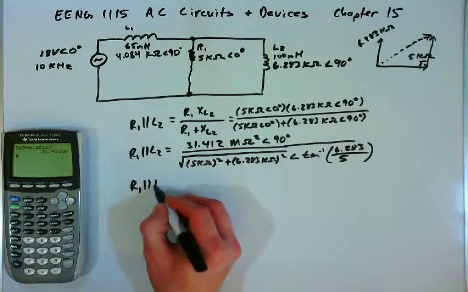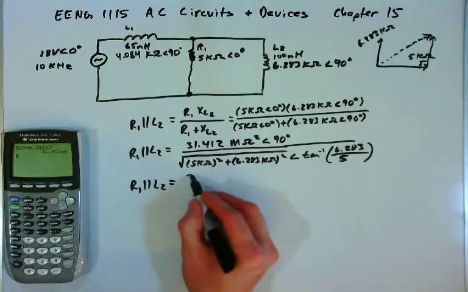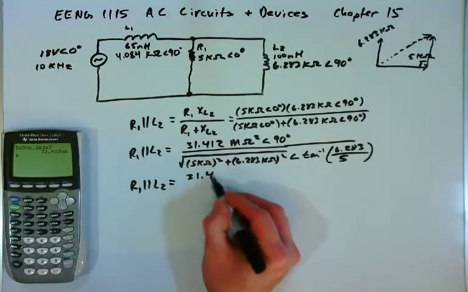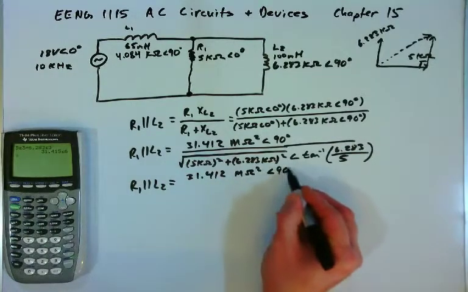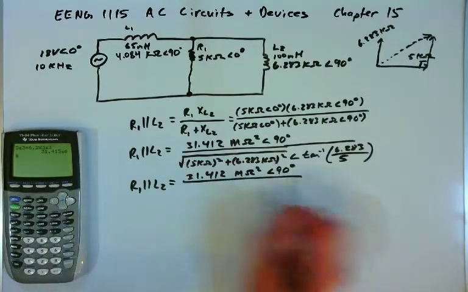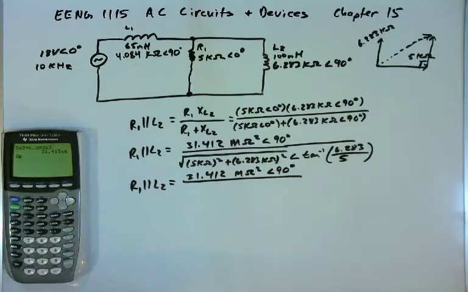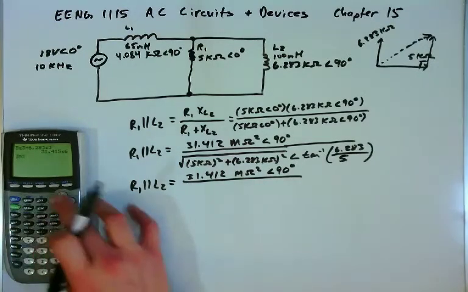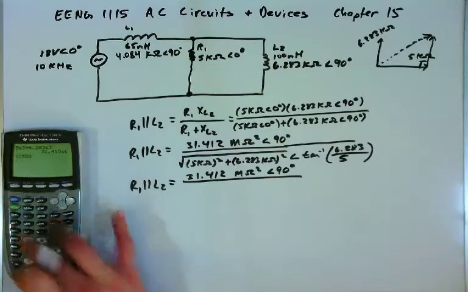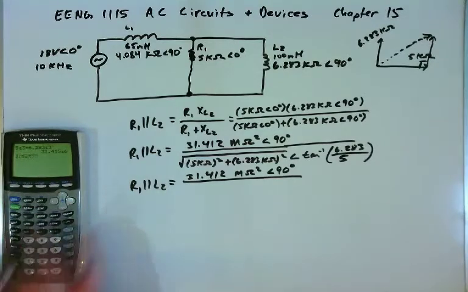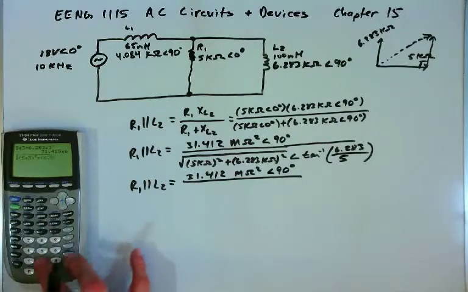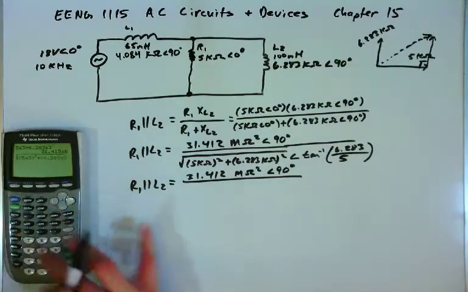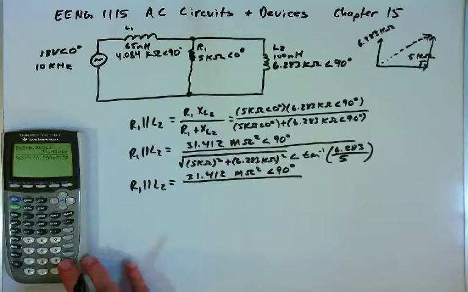So R1 in parallel with L2 will be, the numerator is 31.412 mega ohms squared at 90 degrees, divided by, and we'll find the magnitude first, it's the square root of (5 kilo) squared plus (6.283 kilo) squared.